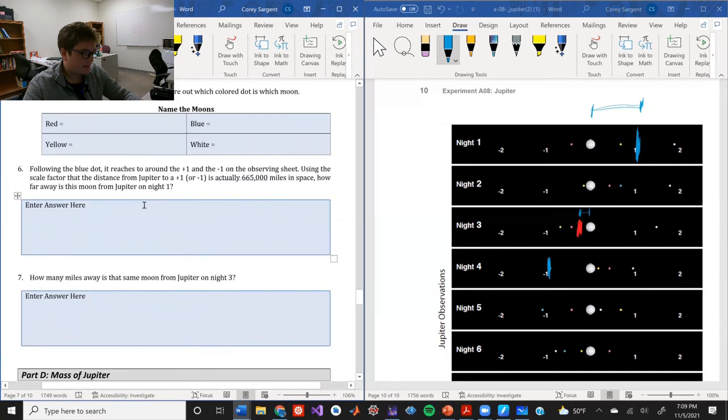Then it asks you a question about the blue dot, the blue moon. The blue moon has an orbital radius of about 1 unit, which is 665,000 miles. And in question 7, we realize that they're circular orbits, so their distances do not change once we know their radius. Since we found the radius in question 6, we know how many miles away it is on night 3, and night 4, and night 5, and so on.